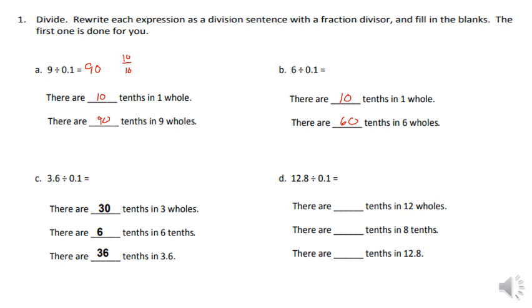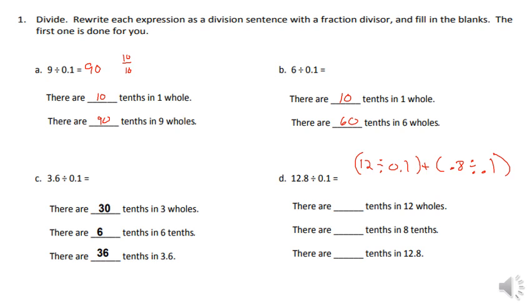Now on D, we have a mixed number. We have a whole number and a decimal. So what they're doing is breaking it up. We're going to take 12 divided by 1/10, and add on the 8 tenths divided by 1/10.